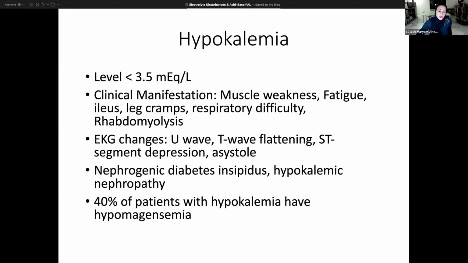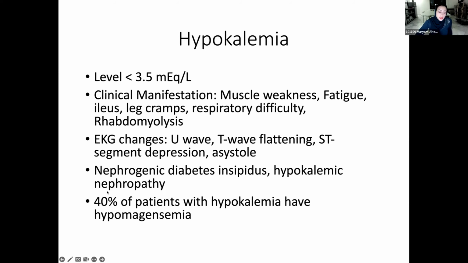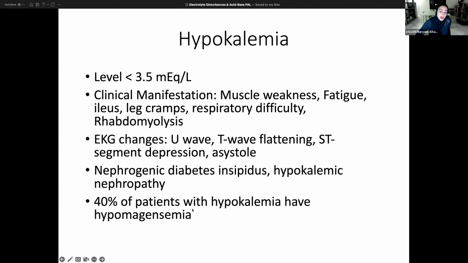So if you have a patient with hypokalemia, let's say you give them potassium, if you don't correct the magnesium first, no matter what you do, they're still going to have hypokalemia because they're losing more potassium through that transporter. You didn't do anything. You know what I mean? So what's very essential in this patient group is that you treat the hypomagnesemia first, and then you treat the hypokalemia. That's something that's very high yield.